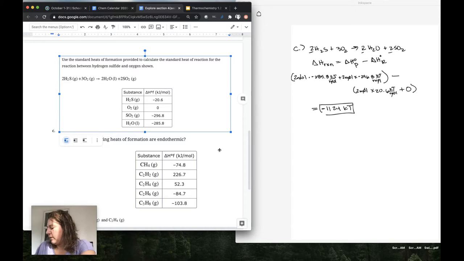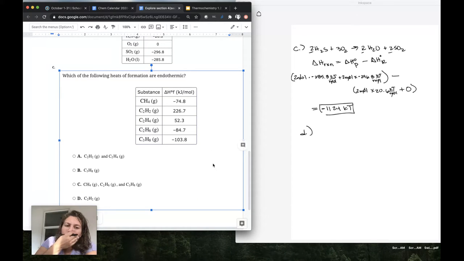The last one, letter D, says, which of the following heats of formation are endothermic? So when I'm looking at this problem, all I have to do is think to myself, back to remember what I said before, that anything that has a positive value is going to tell us that the reaction is going to be endothermic.